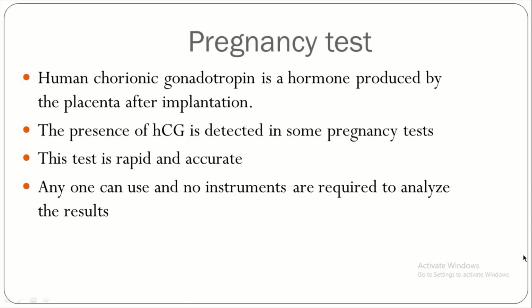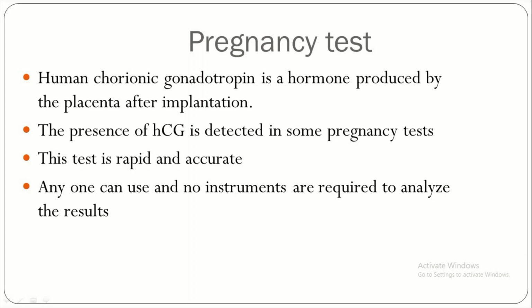So the presence of human chorionic gonadotropin is detected in the pregnancy test. The antibody is already coated on a small membrane. This test is very rapid and accurate. Anyone can use these test kits. No instruments are required to analyze the results of these kits. Those are all very major advantages.